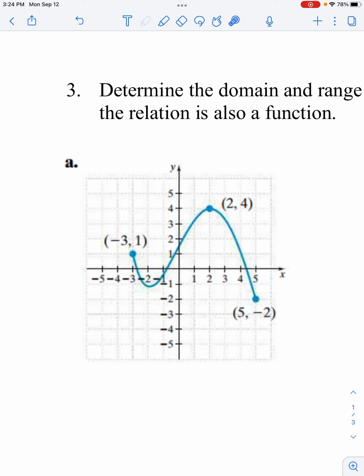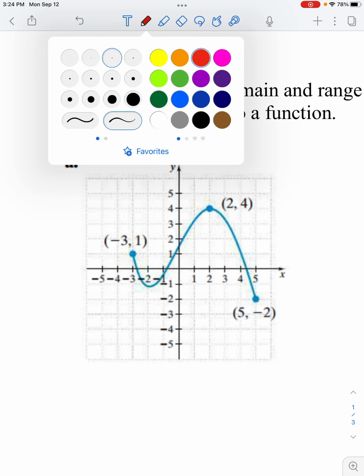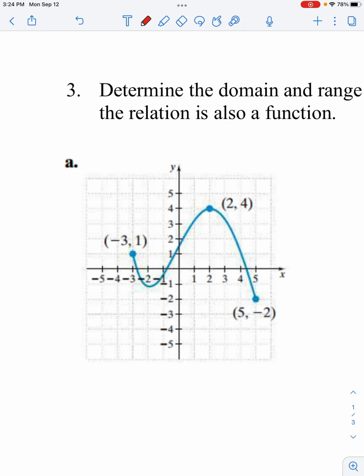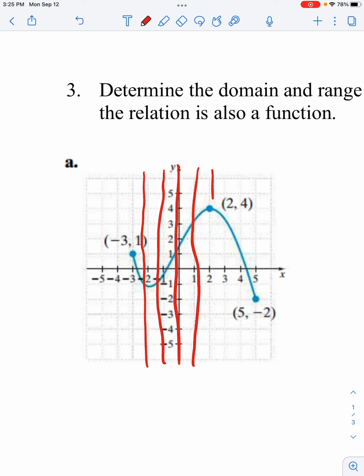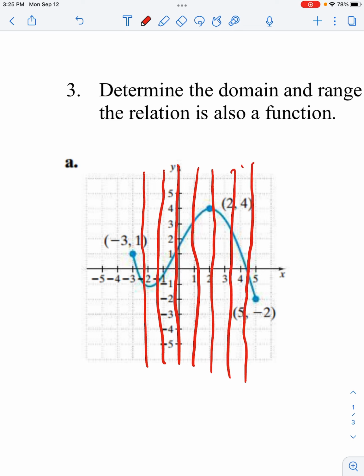Now I know that this graph I'm looking at is a function. How do I know that? You can do something called a vertical line test. So if I draw a bunch of vertical lines through my graph, anywhere I draw a perfectly vertical line, notice that the curve can pass through each line only one time.